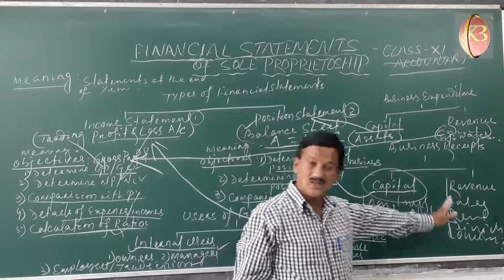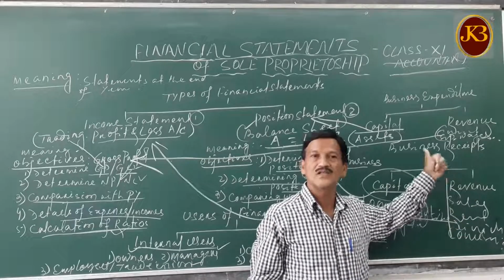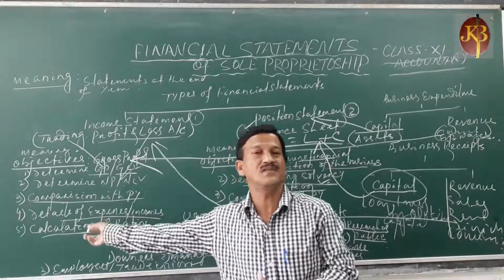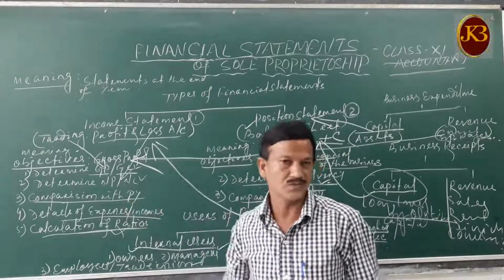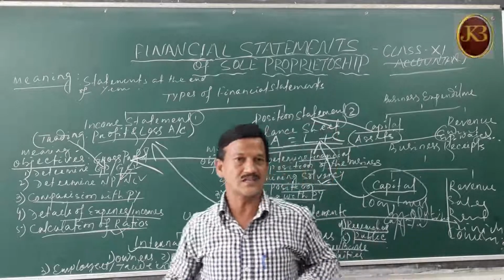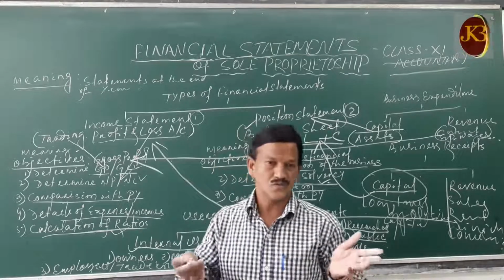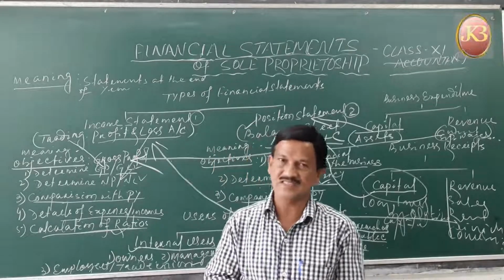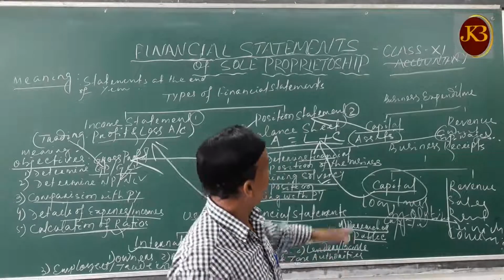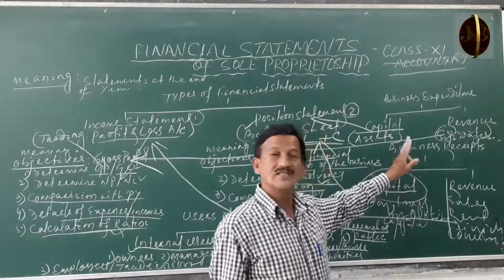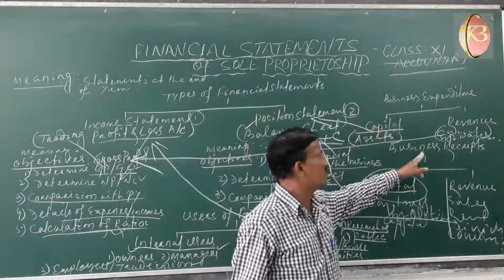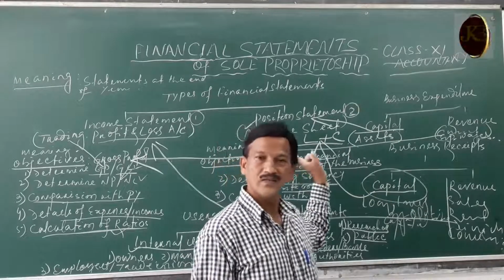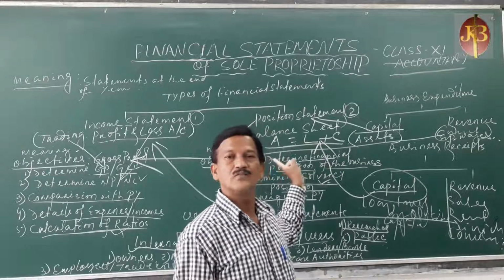But if it is a revenue receipt, regular and recurring in nature, then it goes to the credit side of the trading profit and loss account, to prepare the financial statements to show the profit as well as the financial position of the business. So this is the basic fundamental idea behind the classification of business expenditure and business receipts and their treatment from the trial balance to the financial statements.